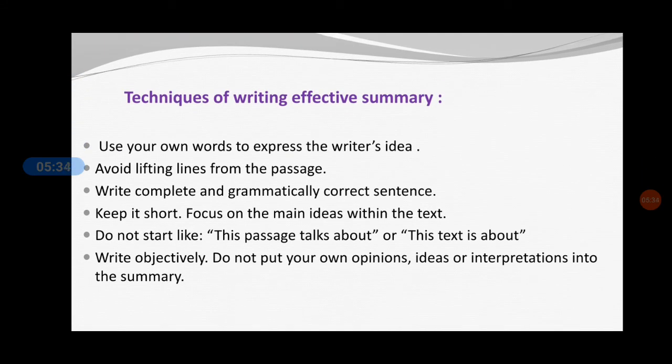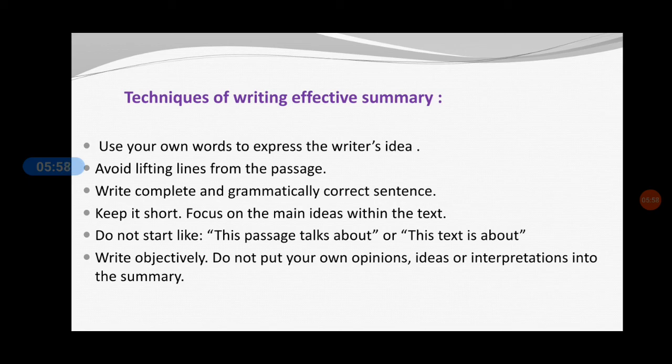And there are some techniques of writing an effective summary. So to write a summary perfectly, you have to first know the definition, then the characteristics of a summary, and then to write it accurately, you have to follow some rules. So the rules are given here. So let us see.